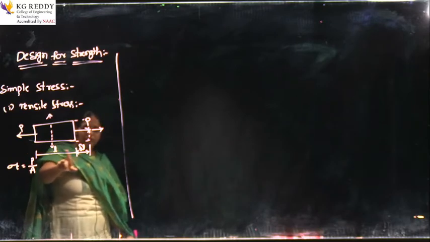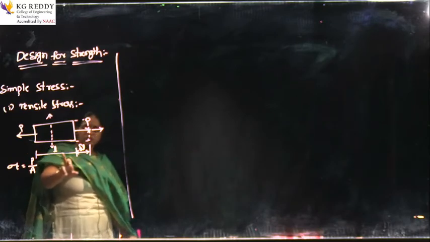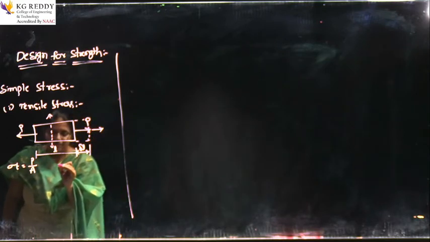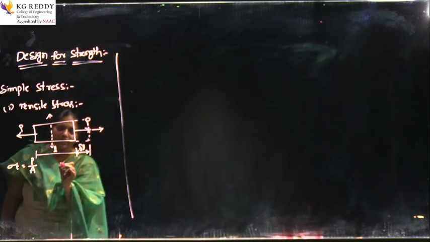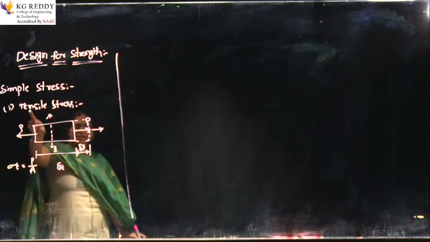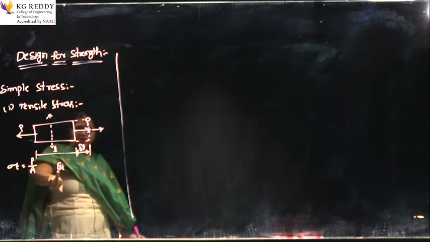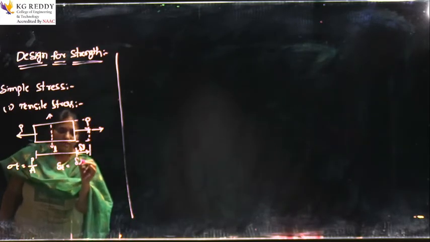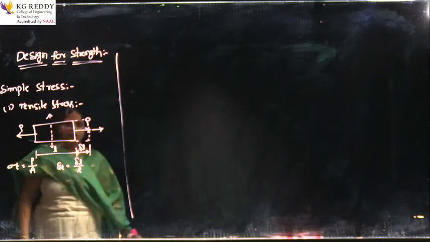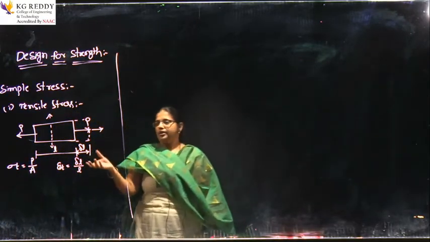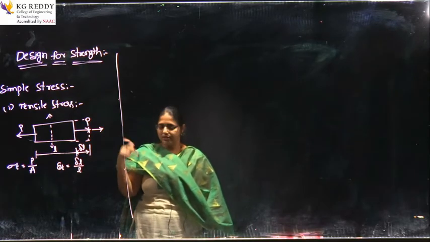Therefore, the change in length to the original length of the body will be called tensile strain. Strain will be represented with the letter epsilon. We are discussing tensile stress, therefore, epsilon T is the tensile strain, that equals delta L by L. So, here we are able to identify what is the tensile stress and what is the tensile strain, right.